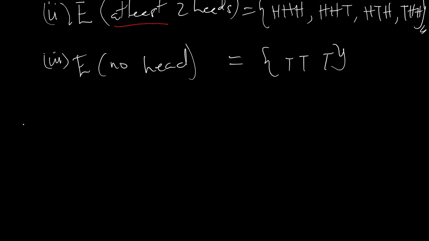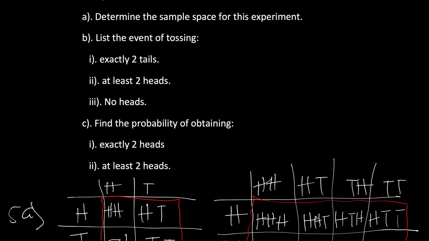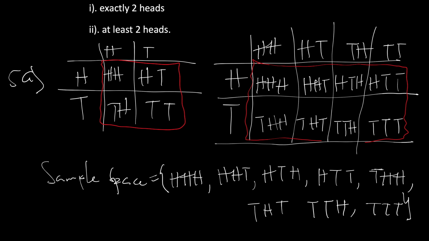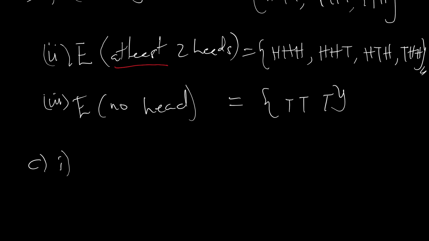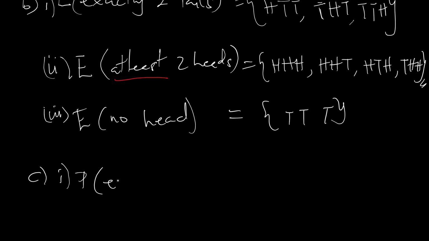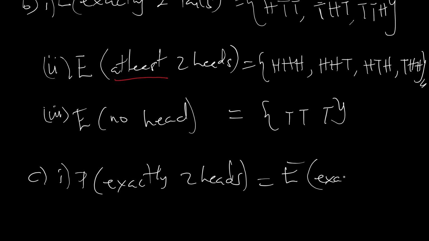C. So C i says, find the probability of obtaining exactly 2 heads. So the probability of obtaining exactly 2 heads is the event of obtaining exactly 2 heads over the sample space. So probability is the number of events over the sample space. And the event is the action we are performing.